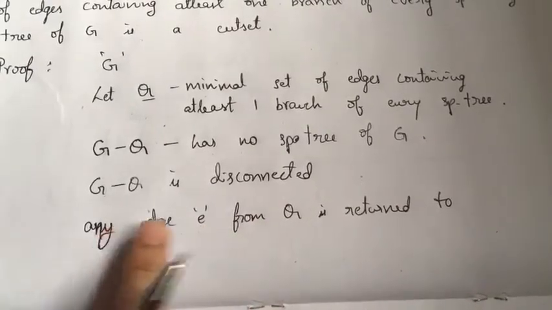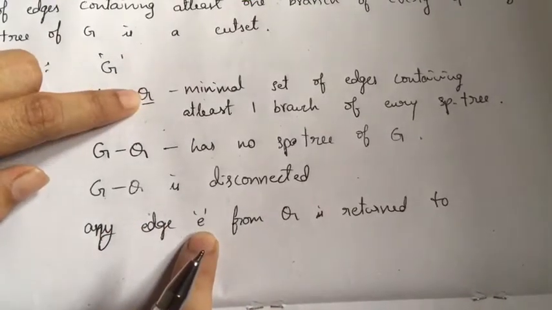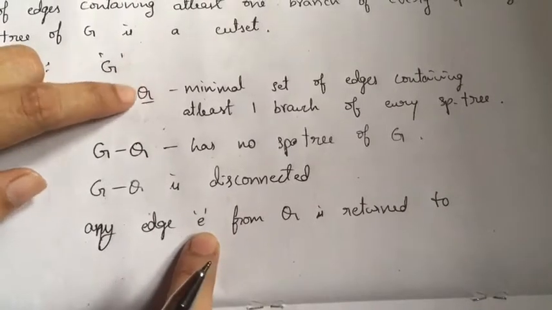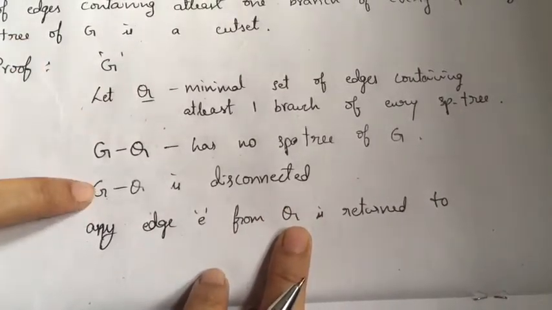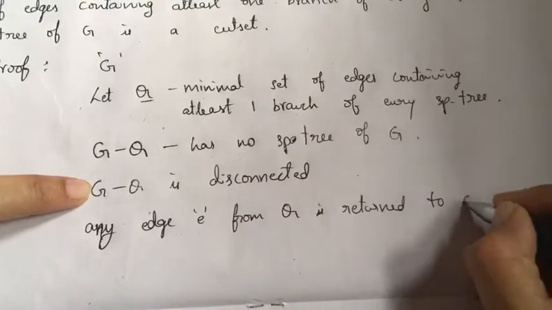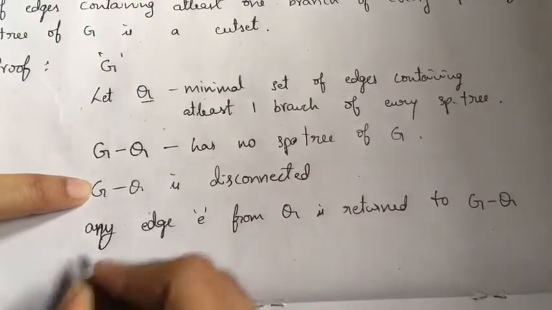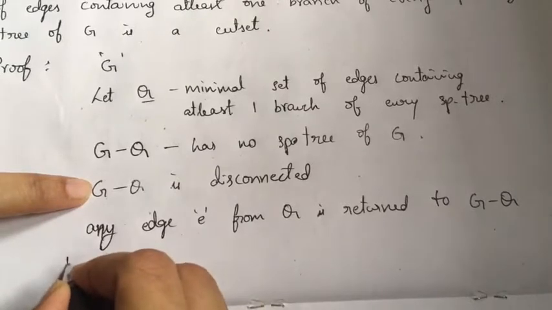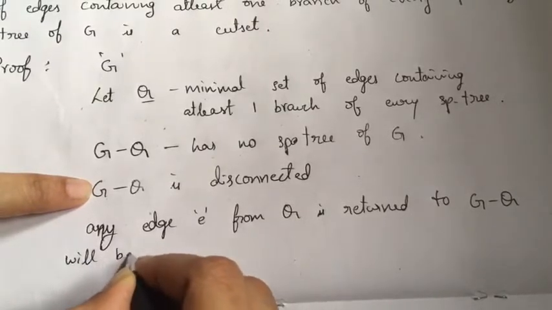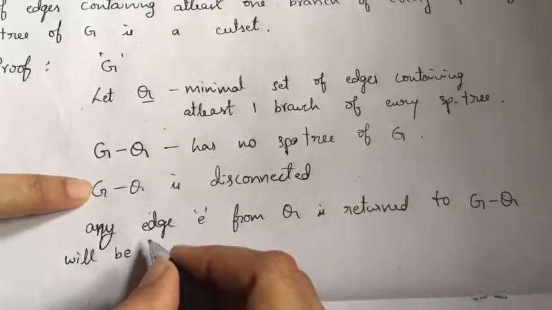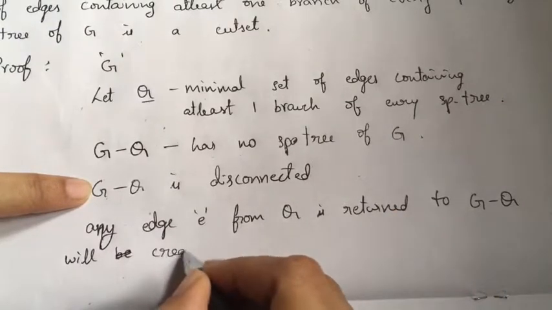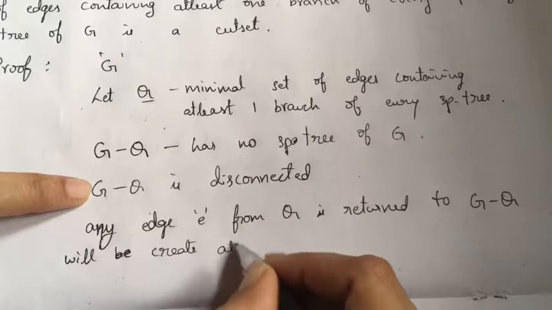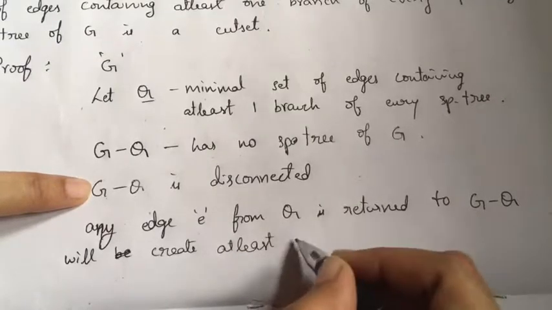If I take any one edge from Q, since it's a minimal set, I'm considering one edge E from Q and I'm adding it to G minus Q. It will create at least one spanning tree.